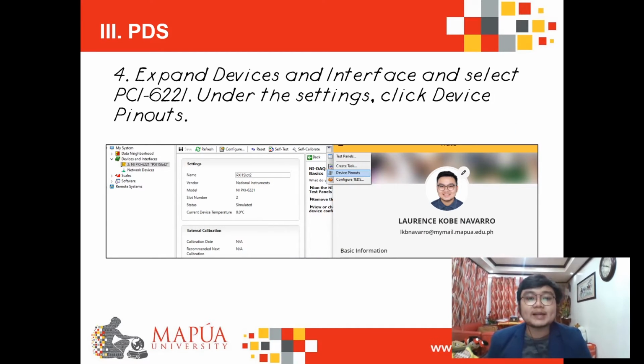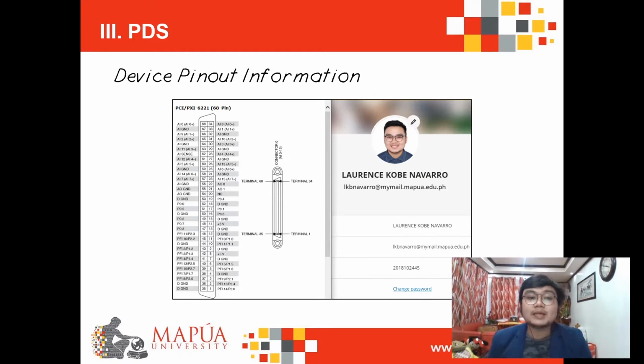Fourth is to expand devices and interfaces and select PCI 6221. Under the settings, click device pinouts. So there you go, the device pinout information will pop up on your screen, and you can see the pin configurations of the PCI 6221.